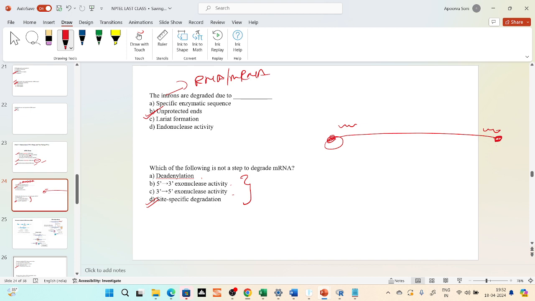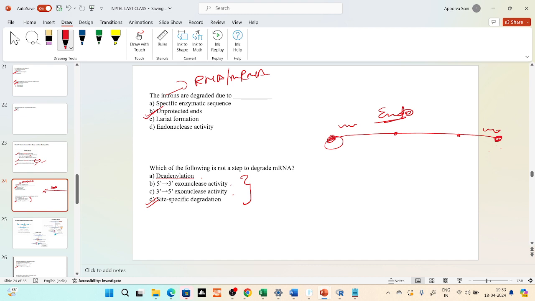But if you look at the combinations given, deadenylation takes place. 5' to 3' exonuclease can take place if ends are unprotected. 3' to 5' exonuclease activity can take place if ends are unprotected. Degrading at a particular site is a little difficult because then endonuclease has to work. In general, the efficiency of exonuclease is a little more than endonuclease, because exonuclease can start its activity right from the ends.